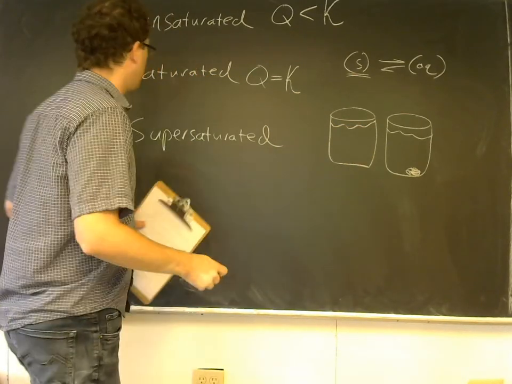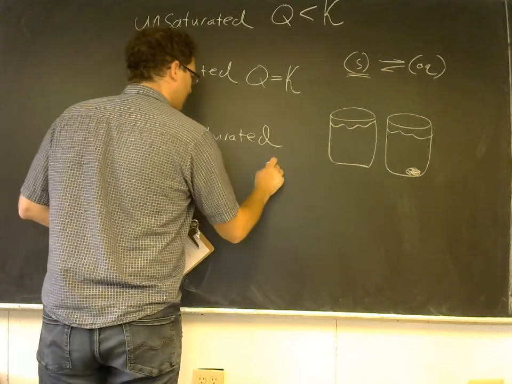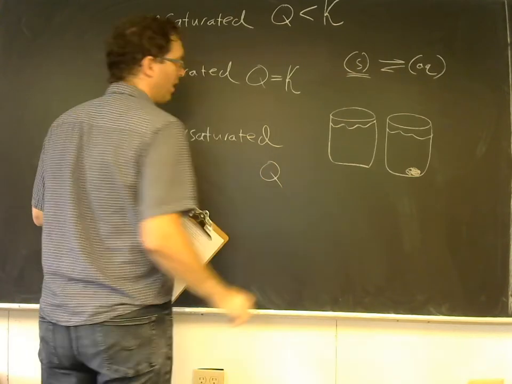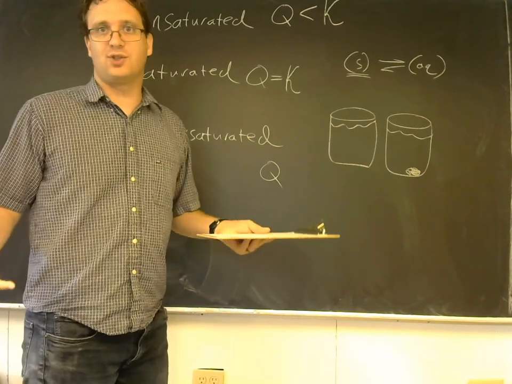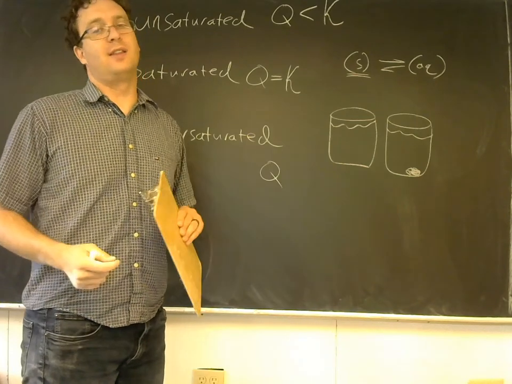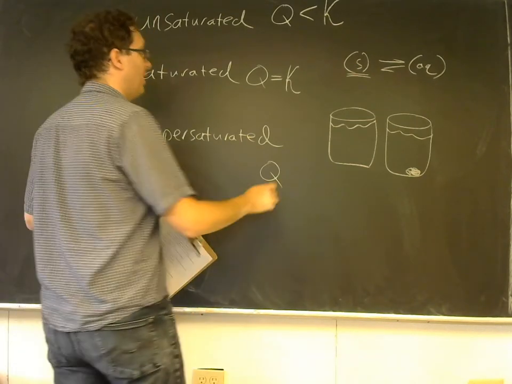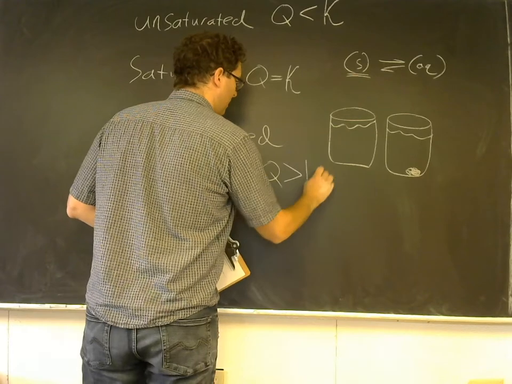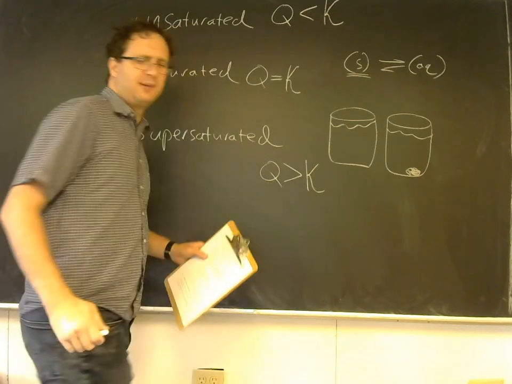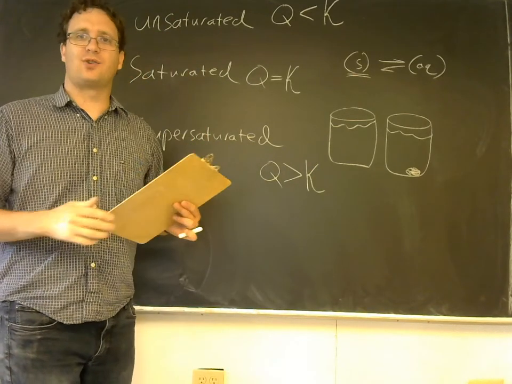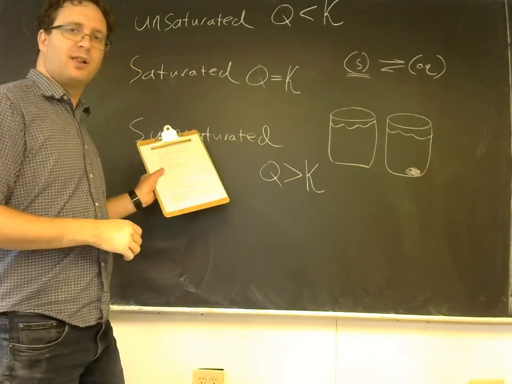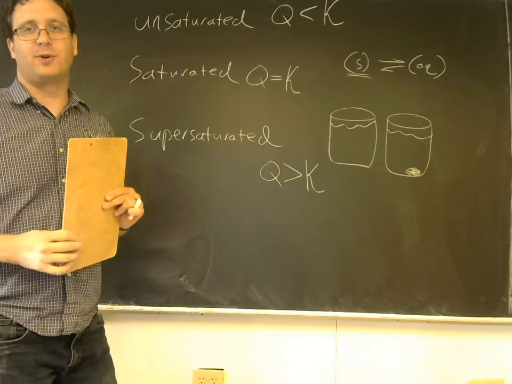And what about a supersaturated solution? A supersaturated solution is one where the concentration of your solute is greater than the solubility. And in other words, Q is greater than K. And it's a bit of an unnatural state, so you need to be clever to create a supersaturated solution.